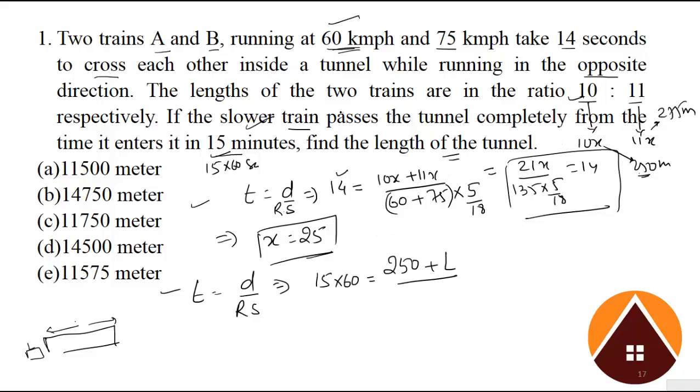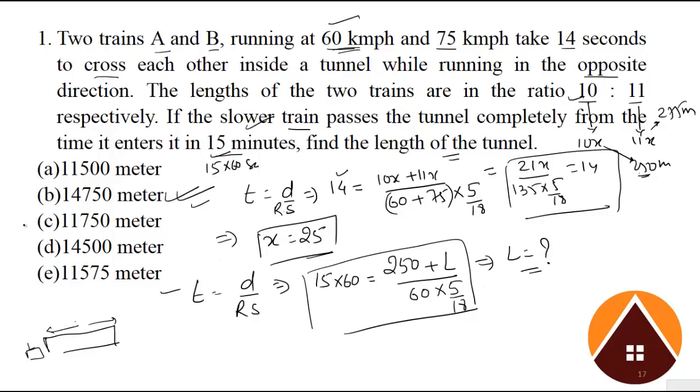The speed of the slower train is 60 km per hour. So 60 km per hour I should write as 60 into 5 by 18, right? If you simplify, you should get the value of L from here. Okay, I think you please work it out. L should come out to be somewhere 14,750. So my answer is 14750. Okay, thank you.